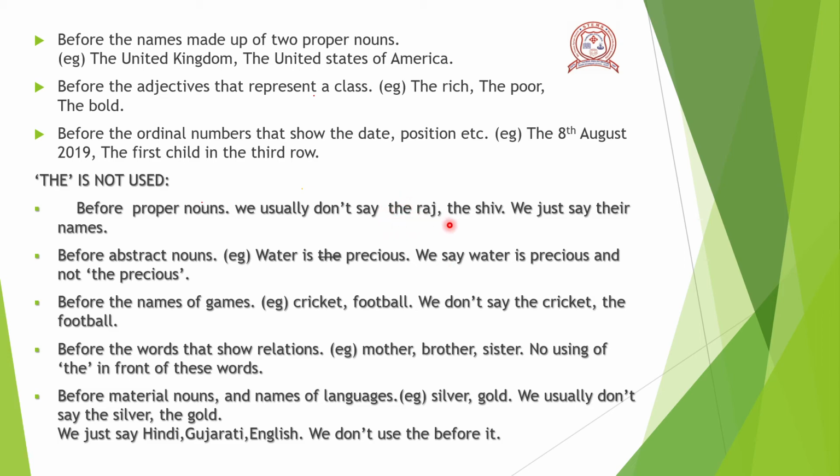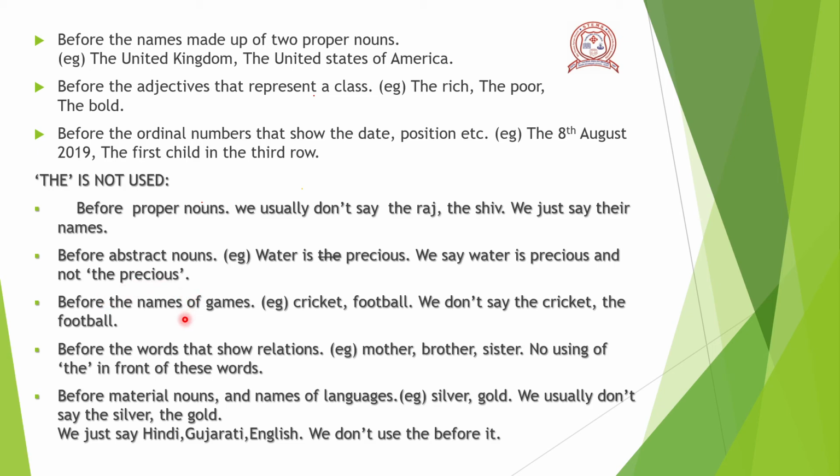Second, before abstract nouns. We know what abstract nouns are. Before abstract nouns also we don't use the article the. Water, how do you say water is precious or water is the precious? We say water is precious and not the precious.